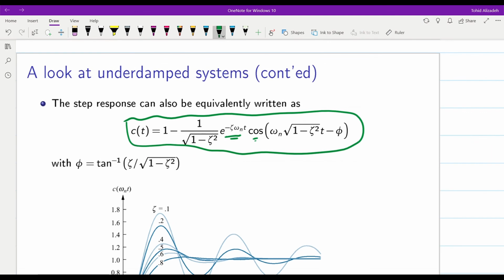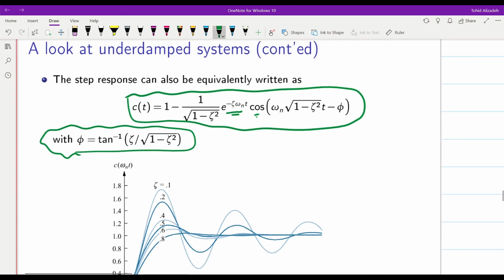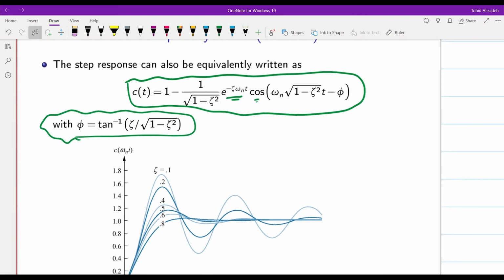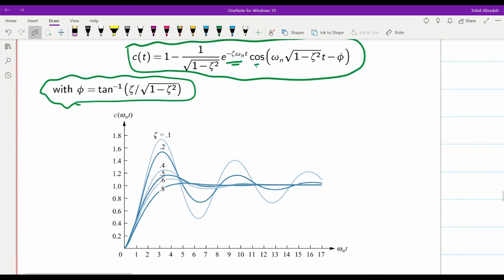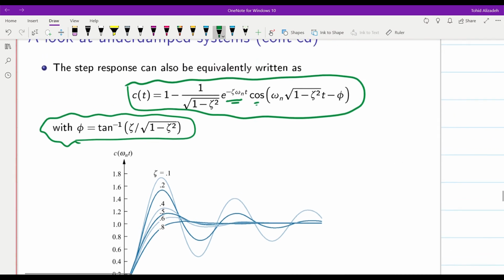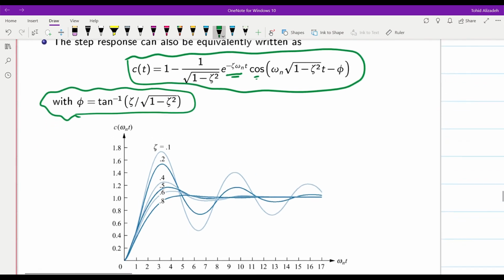You can see that phi is also a term that depends on the value of zeta only, as the phase. Now, having this expression in hand, we can see how the step response of the second order system for underdamped systems will look depending on the value of zeta.